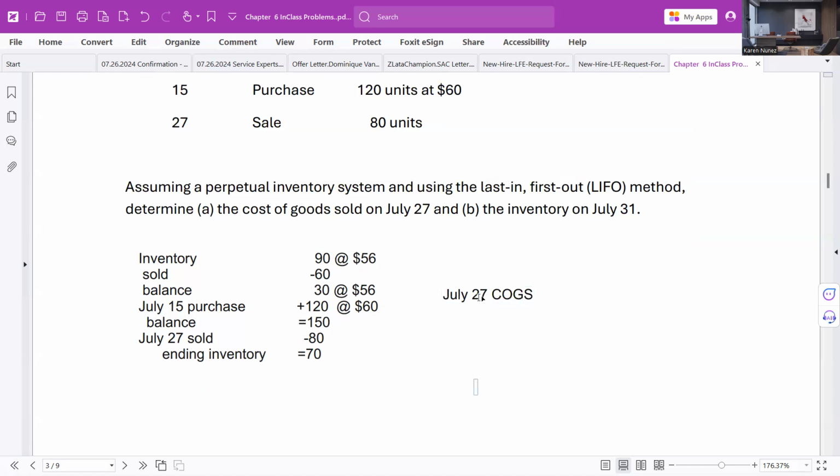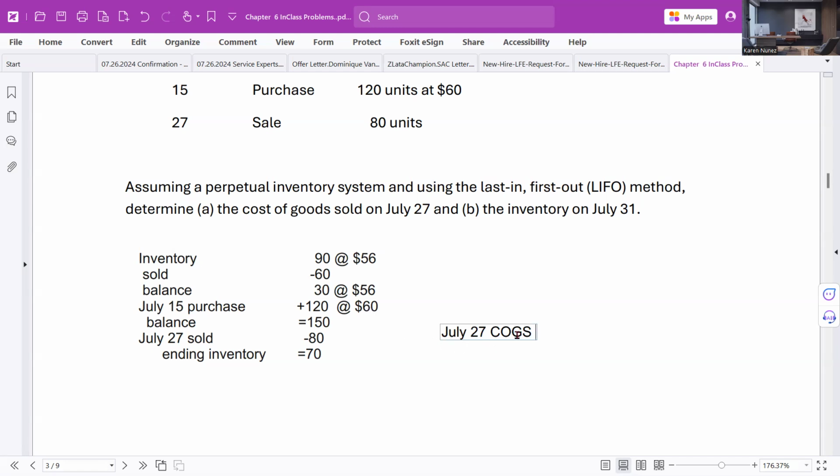But right now, the July 27 cost of goods sold, the 80 units. And again, we're using LIFO, last in, first out. Here's what we have: 150 units, and it consists of 120 at 60 and 30 at 56. The cost of goods sold should be based on LIFO. What's the last one in? 60.